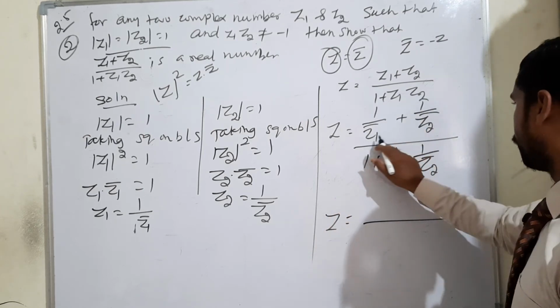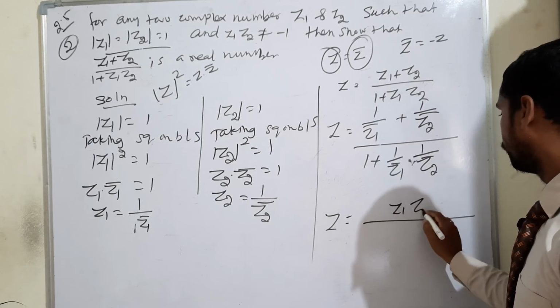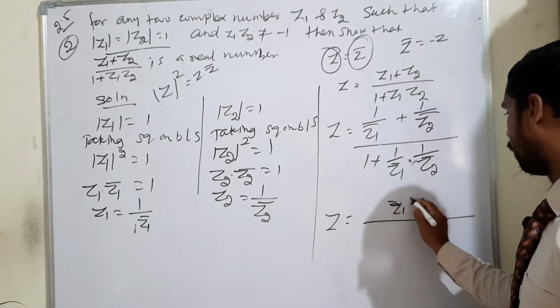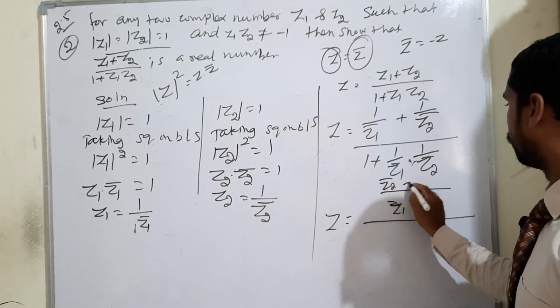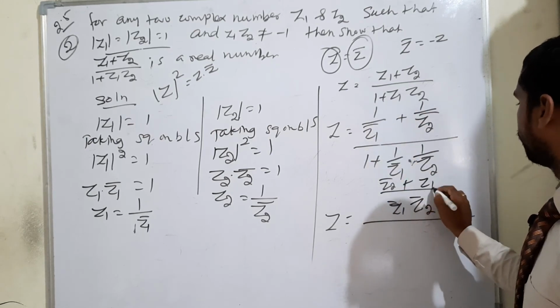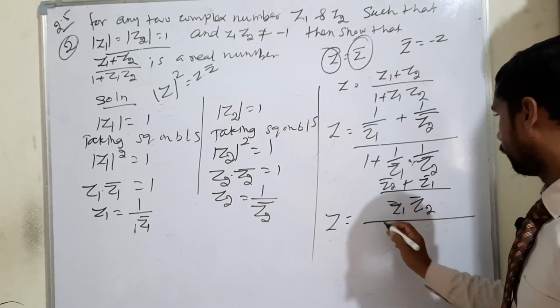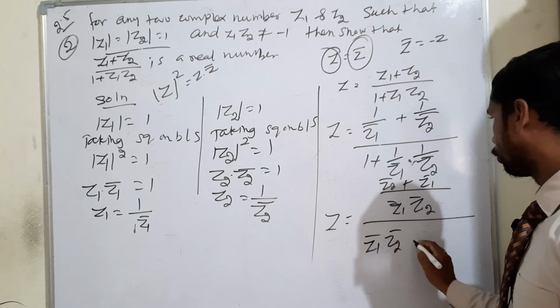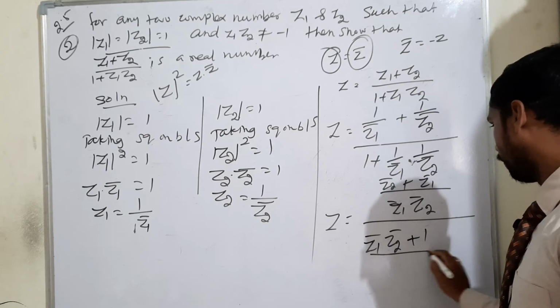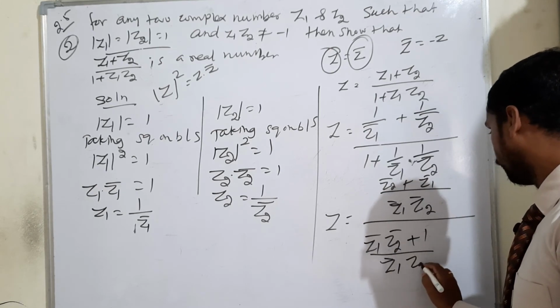Taking the common denominator z1 bar z2 bar, cross multiplying, the numerator is z2 bar plus z1 bar, divided by z1 bar z2 bar plus 1 over z1 bar z2 bar.